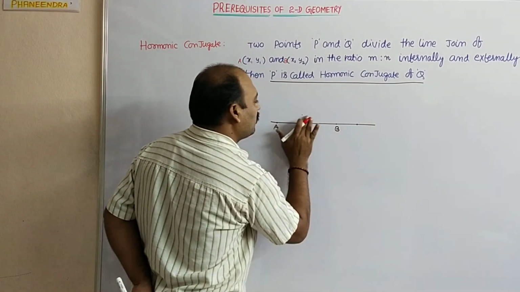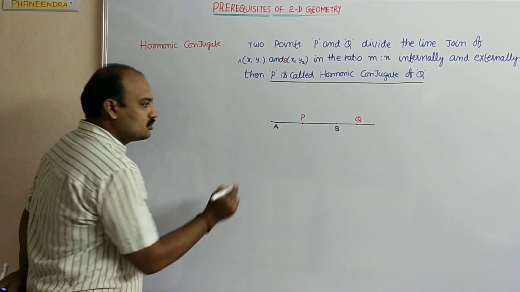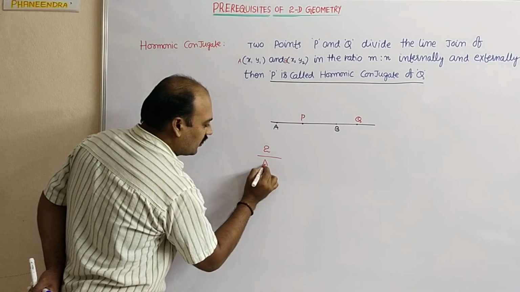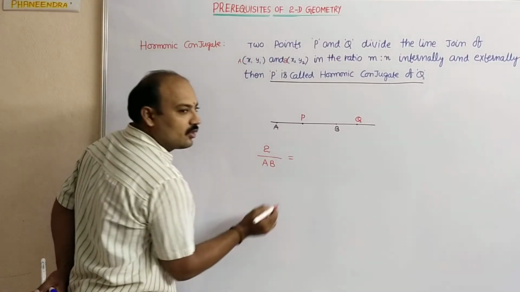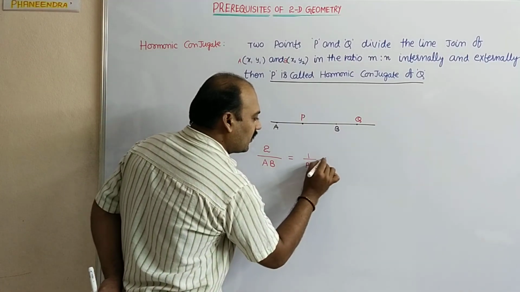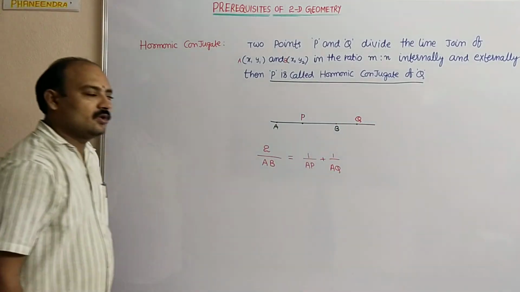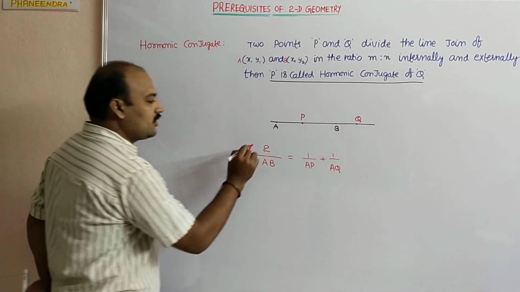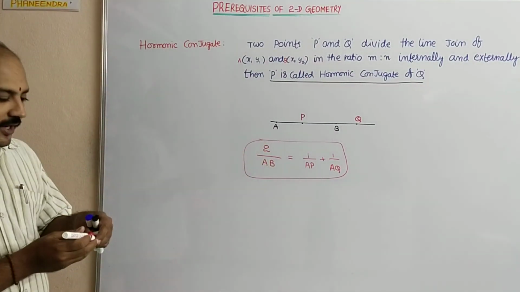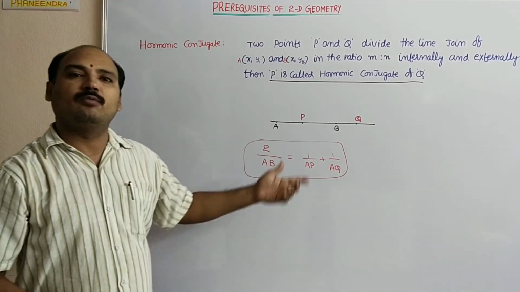Here I am writing the points P and Q. So 2 by AB is equal to 1 by AP plus 1 by AQ. Like this we can calculate. This is also harmonic conjugate. To get either the P value or the Q value, we can use this harmonic conjugate.